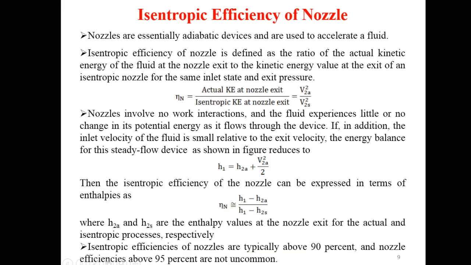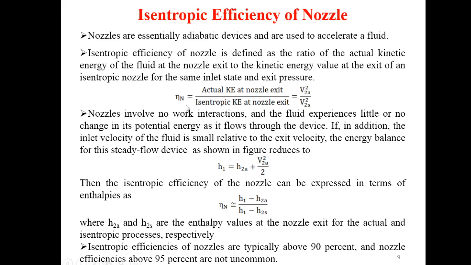Next is the isentropic efficiency of a nozzle. Nozzles are essentially adiabatic devices and are used to accelerate a fluid. Isentropic efficiency of a nozzle is defined as the ratio of the actual kinetic energy of the fluid at the nozzle exit to the kinetic energy value at the exit of an isentropic nozzle for the same inlet state and exit pressure.